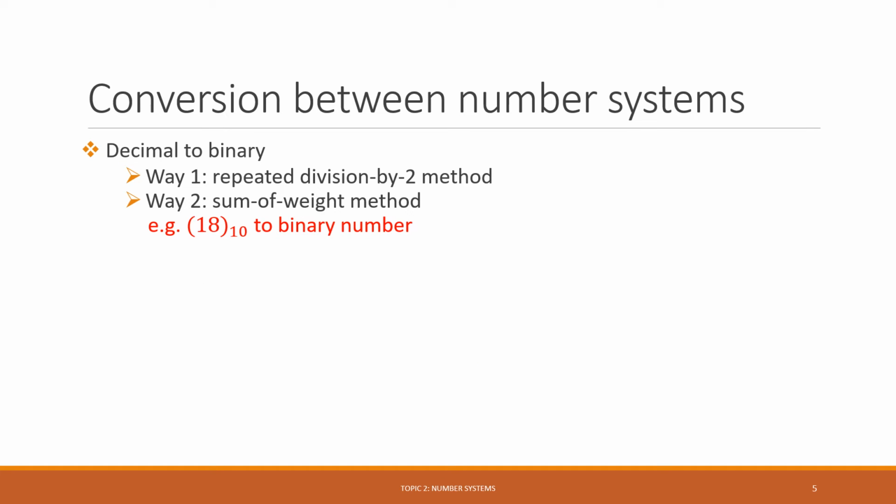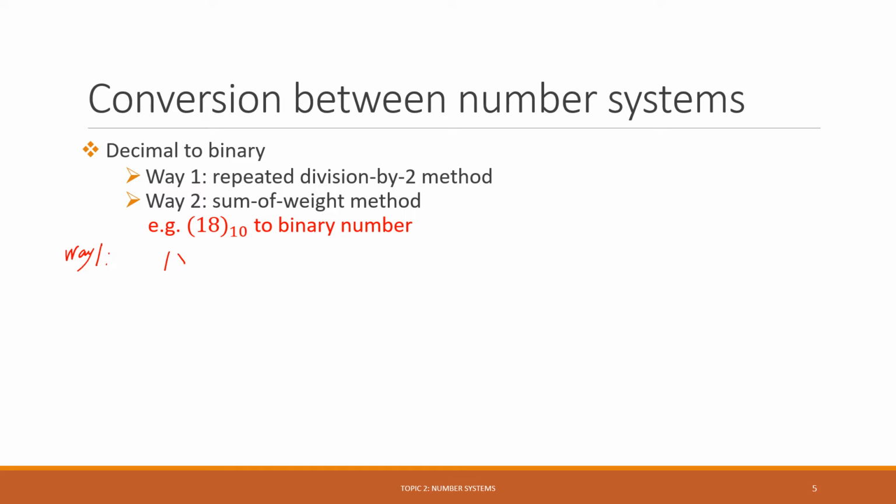Now next, how to convert from decimal back to binary. There are actually two ways to do this. The first way is called the repeated division by 2 method. Again, I'll use an example to show you how this works. Say we have the decimal number 18 and I want to convert it to a binary representation, so use way 1.